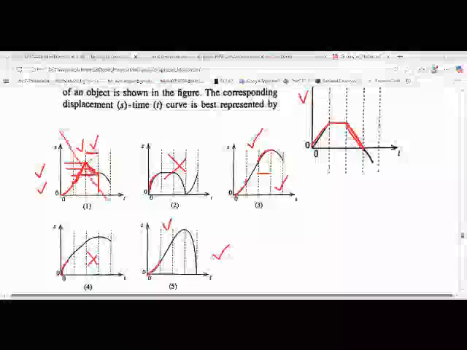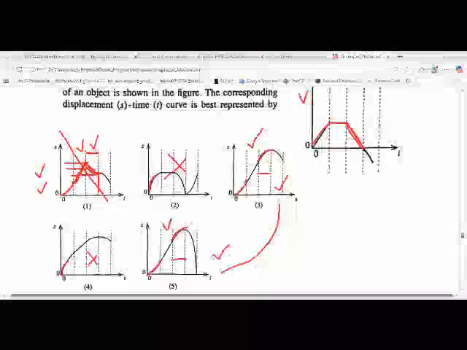Now only two graphs remain. This couple of graphs. We didn't consider this third part. Let's check it. It also represents deceleration. Until the third period, both graphs are equal.